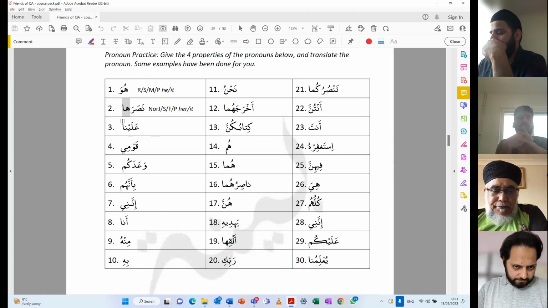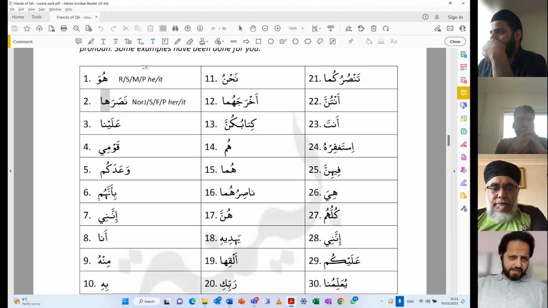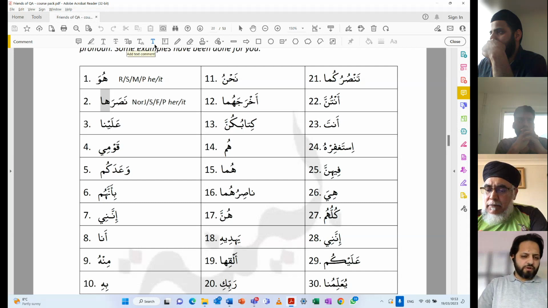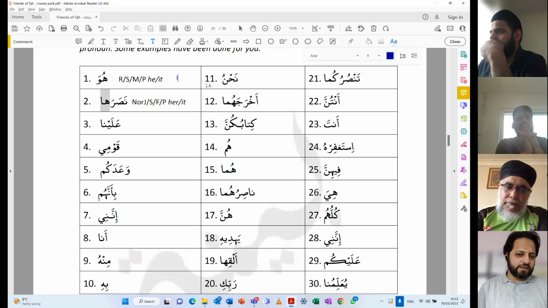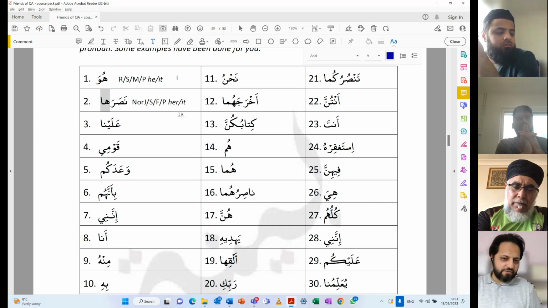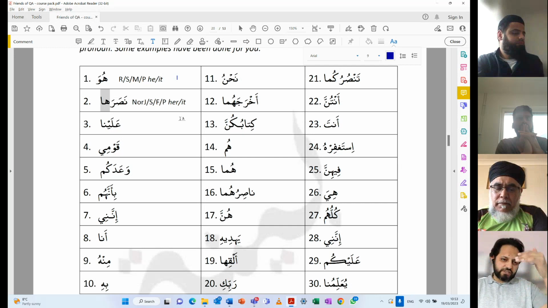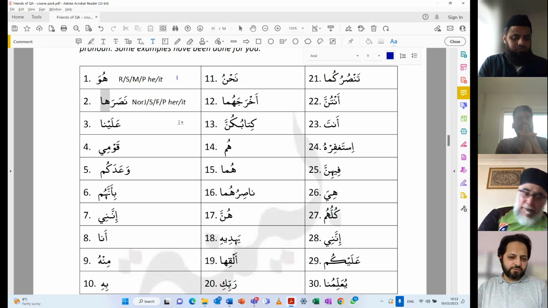So, for example, the first one, huwa: you're saying it is either an independent or dependent pronoun. Huwa we know is an independent pronoun, so you can just write an I here, saying it's an independent pronoun. And then you can do the four properties of it. If you have gone through the worksheet that I shared with you and filled that in, this exercise will help you.